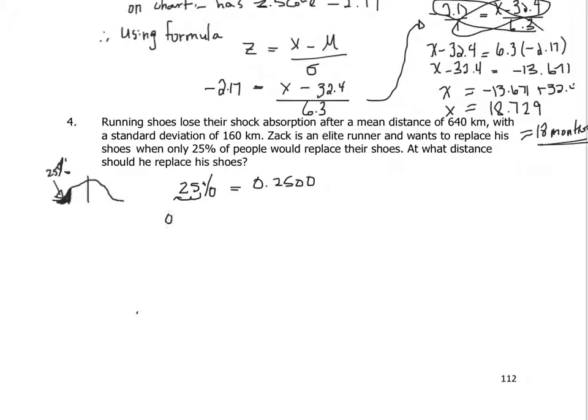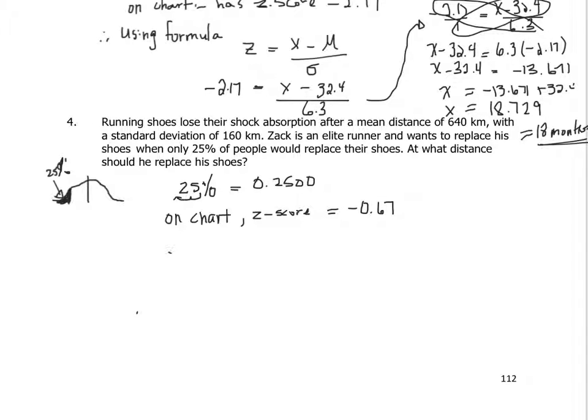So on the chart, the z-score that goes with 0.2500, we just look for 0.2500 or as close as possible to 0.2500. It looks like that would be negative 0.67. Z-score equals negative 0.67.